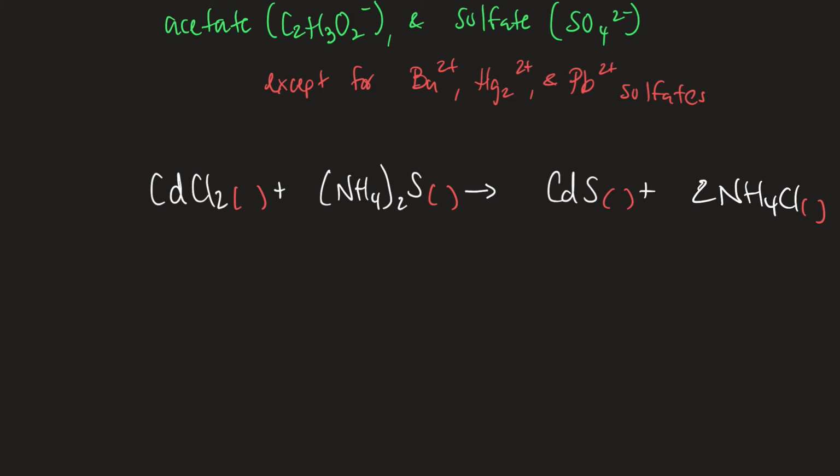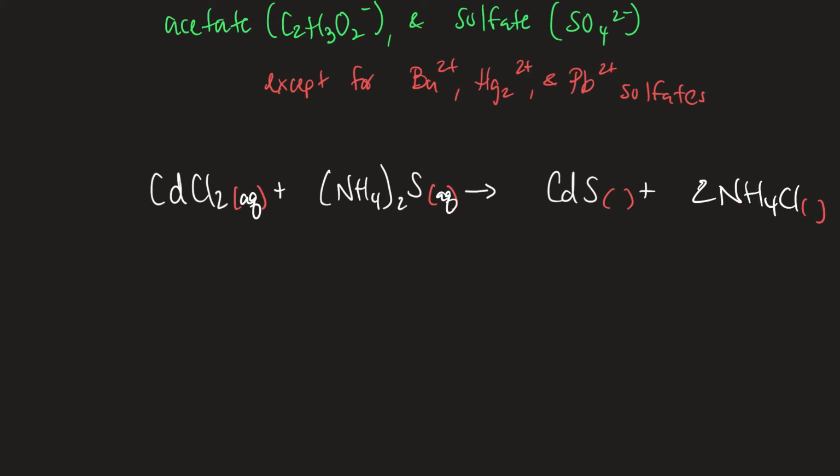If you were to mix two aqueous solutions, an aqueous solution of cadmium 2 chloride and an aqueous solution of ammonium sulfide, what do you expect your products to be? You need to go back and think about the solubility rules. Let's start off with this one here.